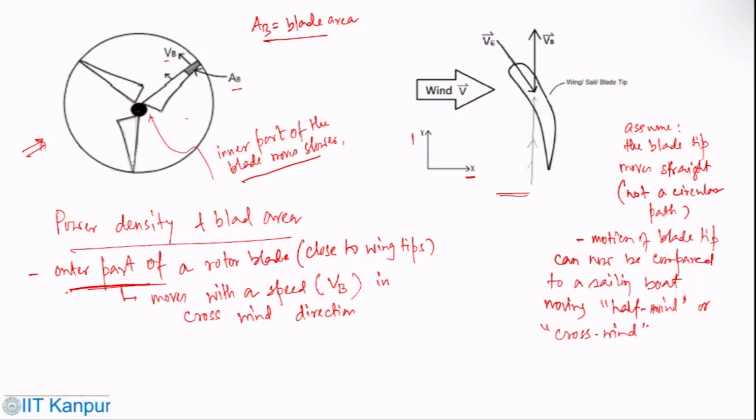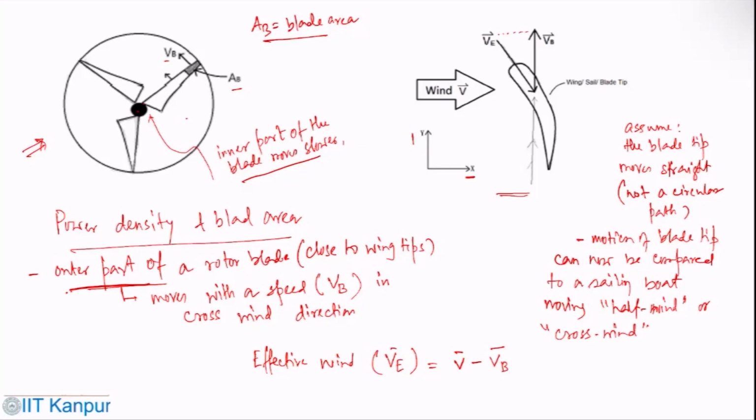So what we can write, the effective wind VE bar is V minus VB, simply using the velocity triangle here. One can write that.